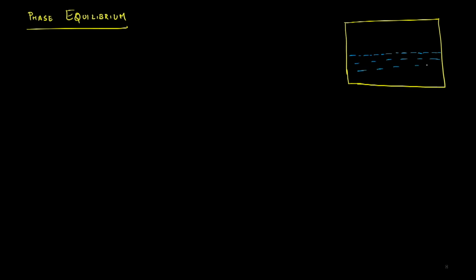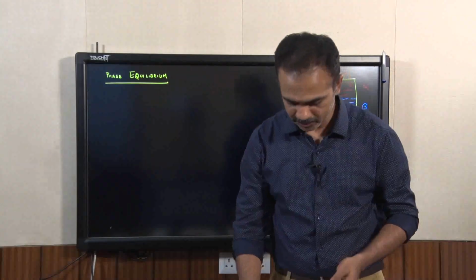So I have some liquid mixture here and a corresponding vapor mixture above the liquid mixture. For generality, let's call this the alpha phase and this the beta phase. So we have alpha phase on the top and beta phase on the bottom. Now for this particular scenario, let's write the expression for the total Gibbs free energy change of the alpha phase and the total Gibbs free energy of the beta phase.